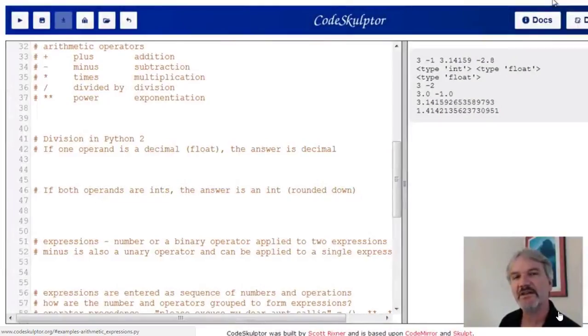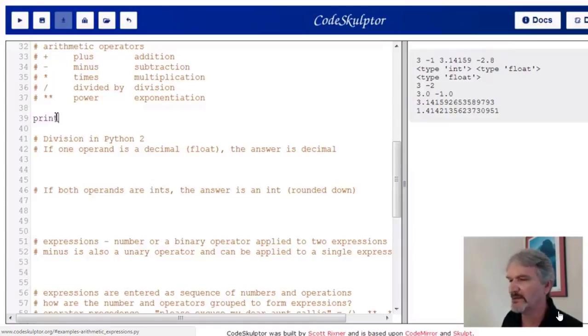All right, we've talked about numbers in Python. Let's talk about the arithmetic operators that you have available to do computations in Python. Here's a list of some of the basic arithmetic operators. We have plus, minus, times, division, power. It's fairly straightforward.